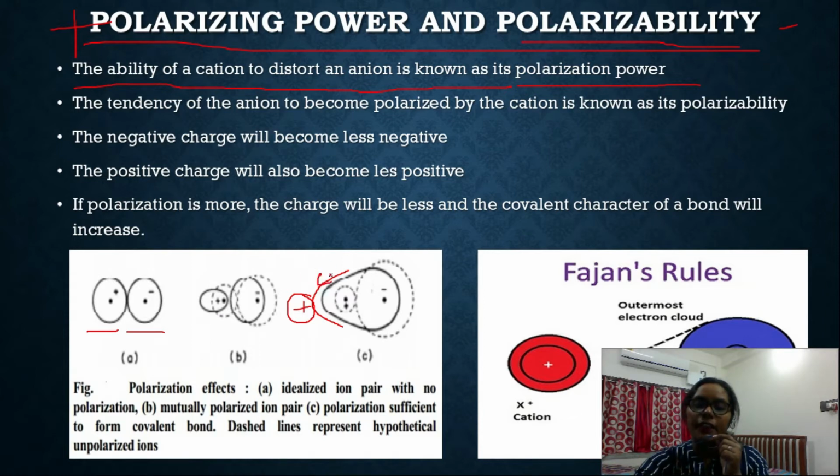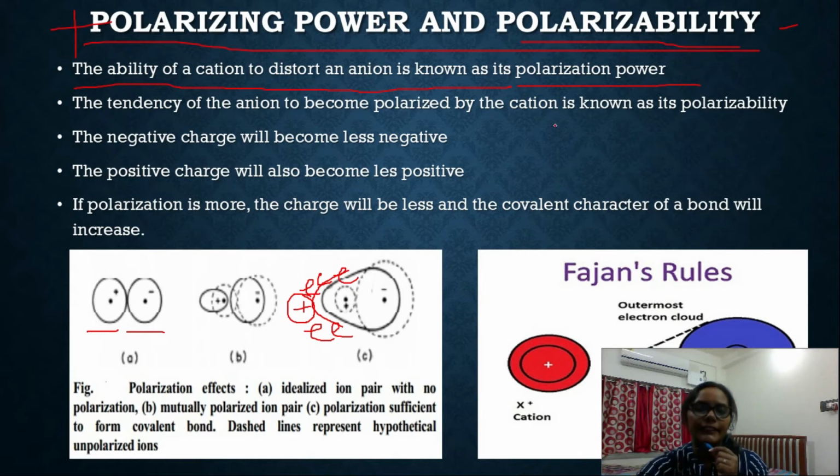These are the electrons. It will move towards the positive one. So what will happen? That means this distortion power, the electron will be distorted towards the positive ion. This power is actually called the polarization power.